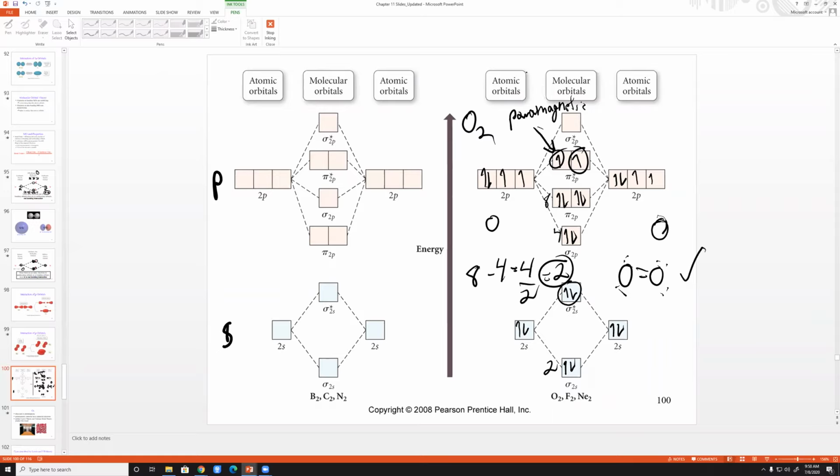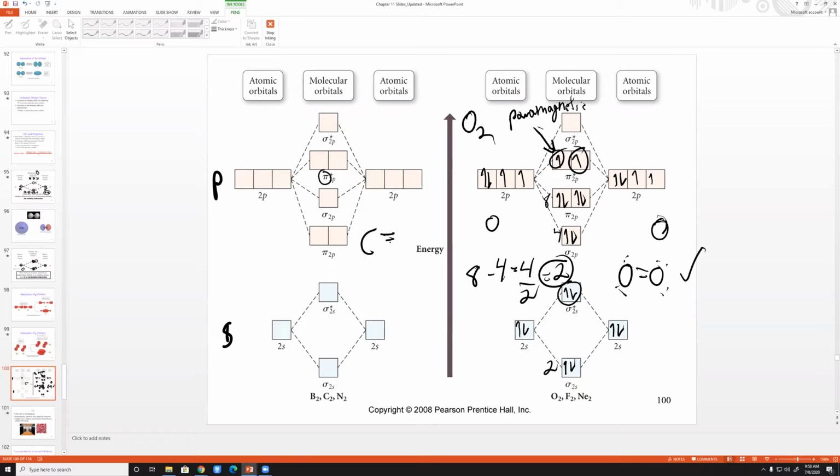Professor? Yes. In the middle, how come there's 2 of them for pi 2p? Yeah, so for a pi interaction, there can be 2 possible pi bonds in a molecule.